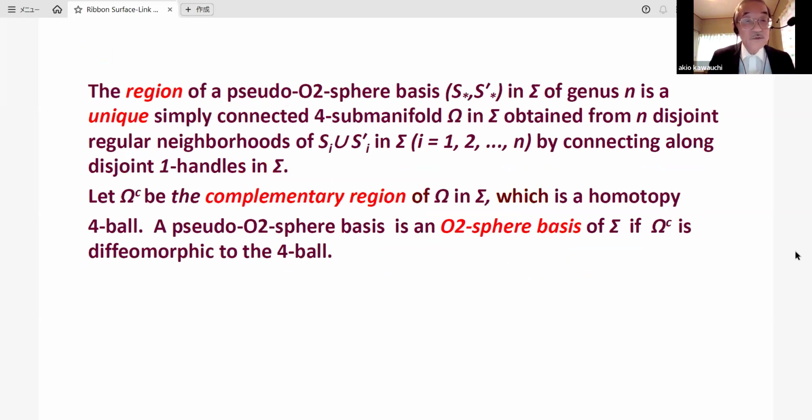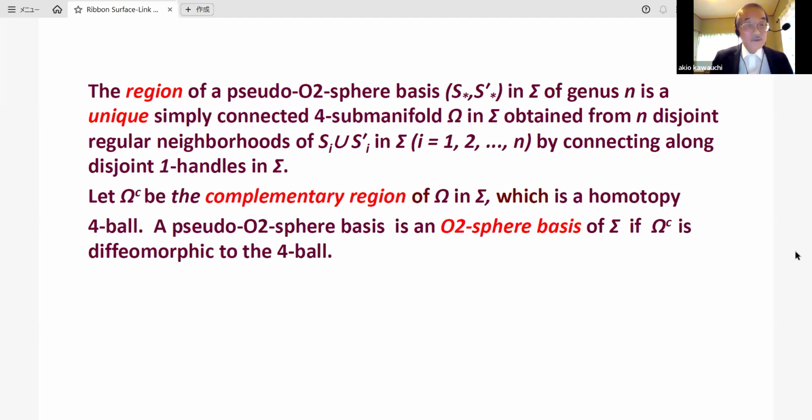The region of a pseudo-orthosphere basis S*, S'* in Sigma of genus n is a unique simply connected four-submanifold Omega in Sigma obtained from n disjoint regular neighborhoods of the union S_i and S'_i in Sigma by connecting along disjoint 1-handles in Sigma.